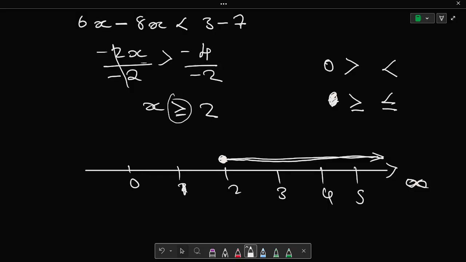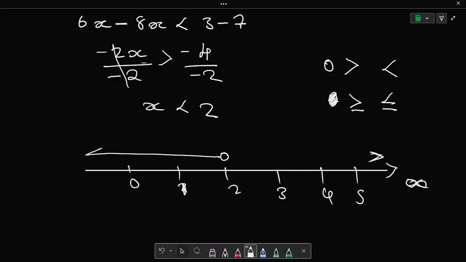If this is pointing this direction, your arrow points in this direction. If it was like this, the arrow would have been pointing this direction. It's not that hard to understand.